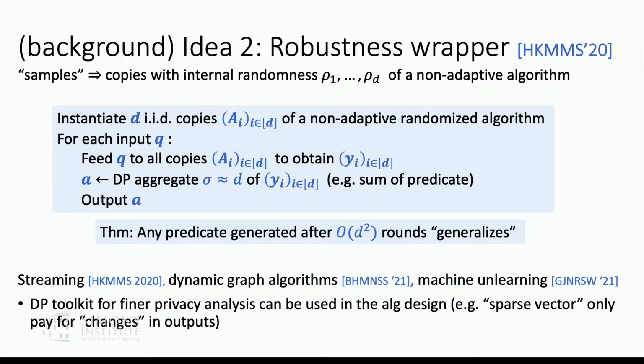It's the between-thresholds queries. This toolkit is very useful when designing algorithms. Because, for example, in dynamic algorithm settings or even in streaming settings, on most inputs there would be almost no change in the output. So you don't pay for these queries. So the order D-square queries that you can support are queries where the output changed or something happens, where the output was far from some boundary, that you incur the privacy cost.